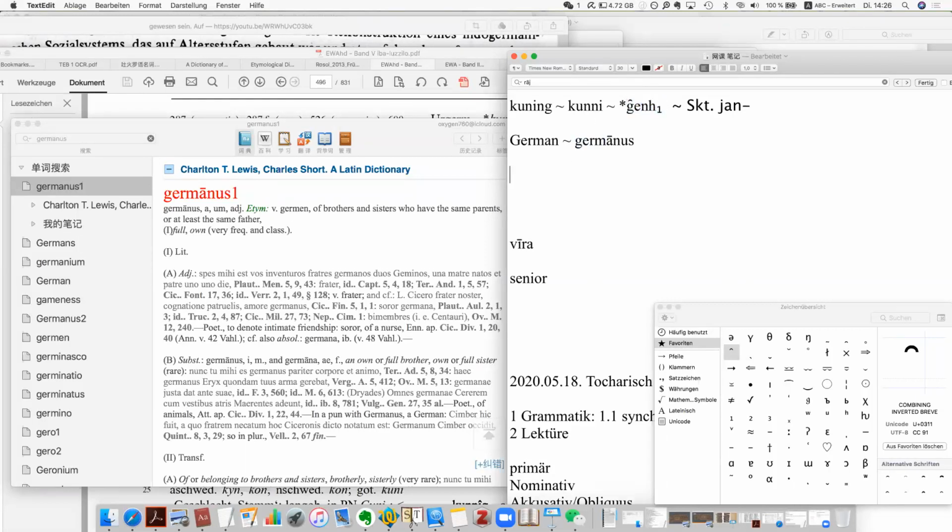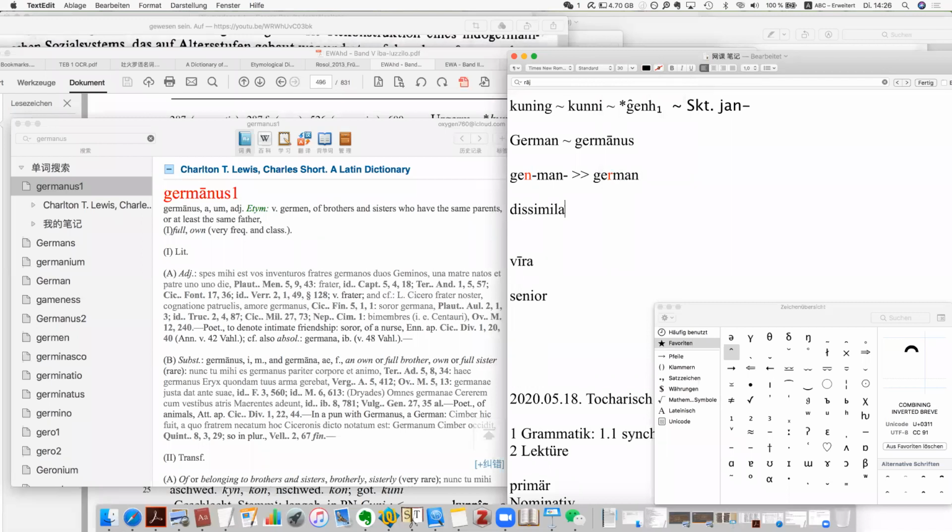But probably, this is gen plus man, and it turns actually into german. So you see here, we have an interesting sound change. This is the sound change called dissimilation, because check, there are two nasals.